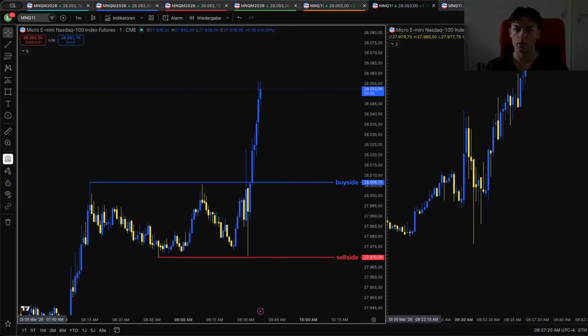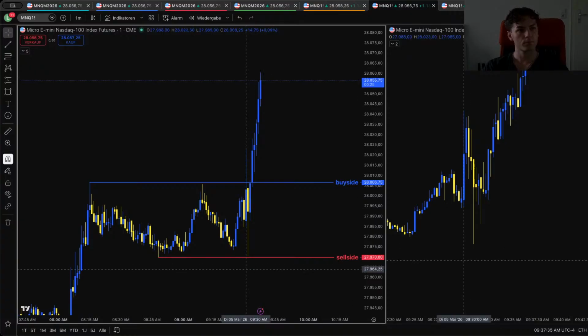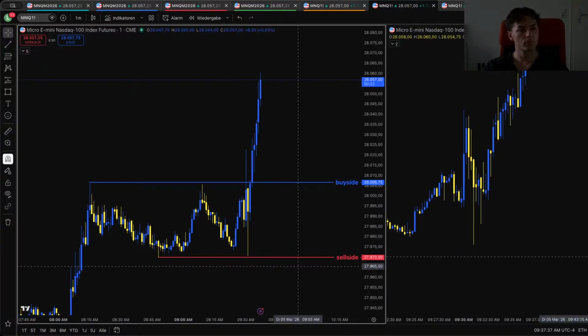S&P going higher. Likewise, NQ. I mean, seems to be gap and go.